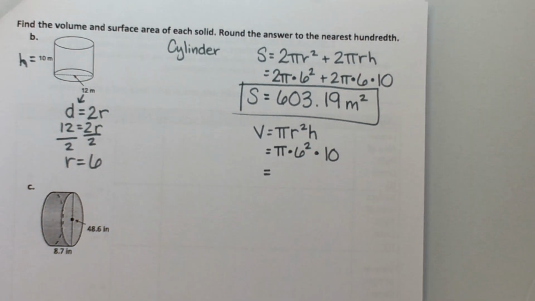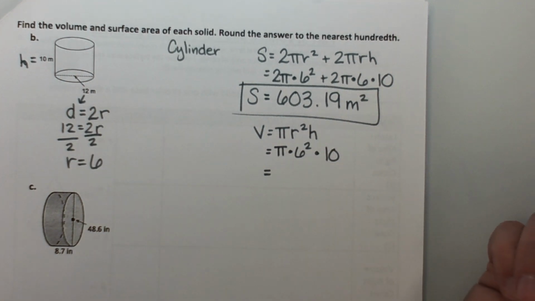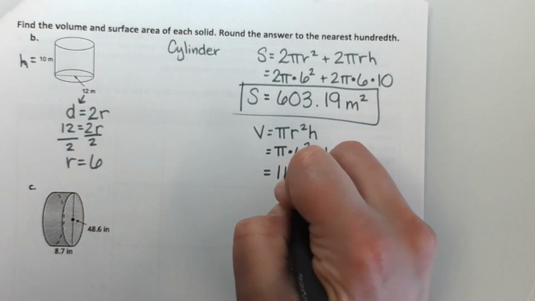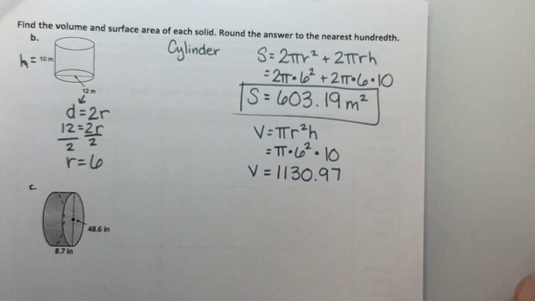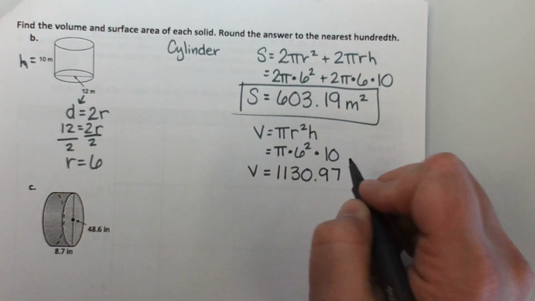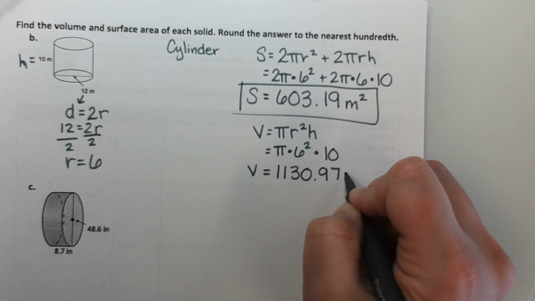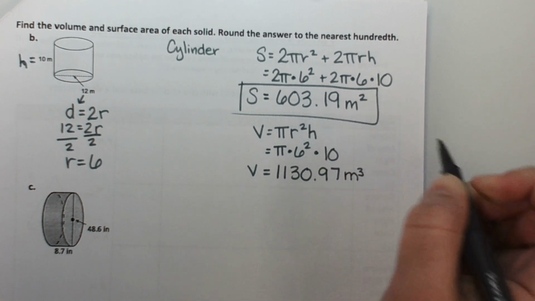Haley, what do we get for volume? Greta, units. Oh, wait. Cubed. And don't forget to put the meters first.